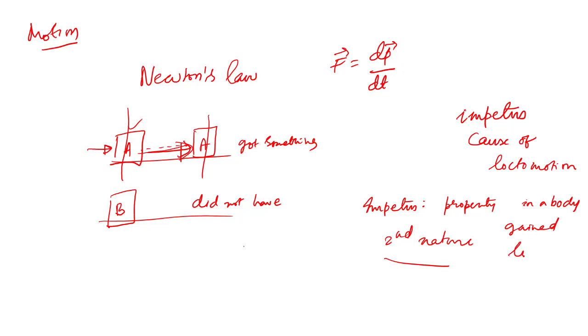I can either gain it or lose the impetus without changing the fundamental nature of the body. For example, when I pushed on this ice cube A, I didn't change its fundamental nature of what ice is or what anything is. But nonetheless, I gave it impetus, and that impetus led to a change in its place, locomotion, and that's how we are able to see that block A is different from block B.